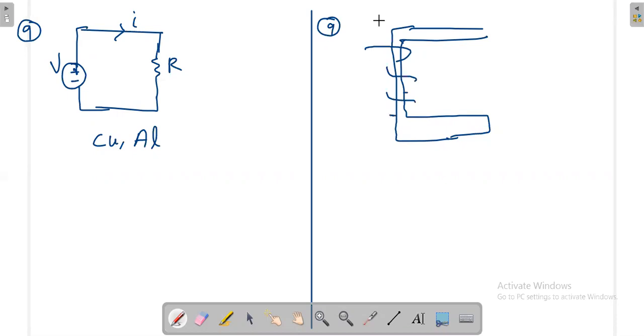Now the current is flowing in the coil, and it will produce flux in the magnetic circuit, because once the current flows like this, around the coil the flux will be produced in a circular manner. This is the flux. Per given current, how much flux is produced depends on the properties of the material. But one thing: when you increase the current, the flux will increase.